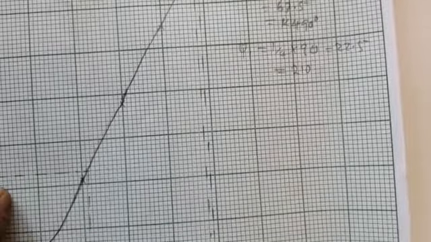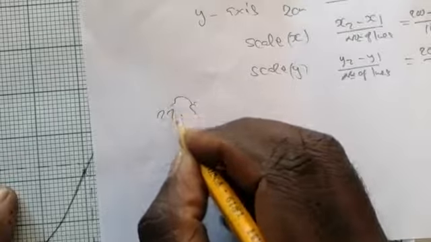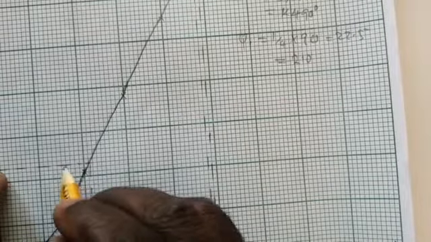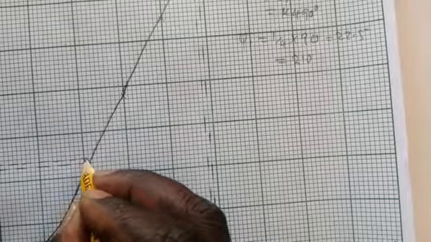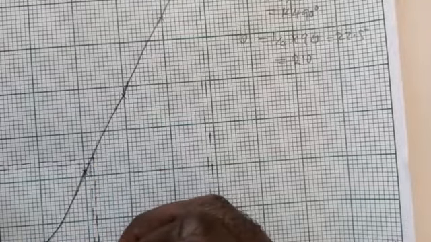Sorry, it is 23. Also as well, we have 22.5. When you round off, it will be 23. It's clearer because we don't have 0.5, the smallest one. So you come here, and it meets there.